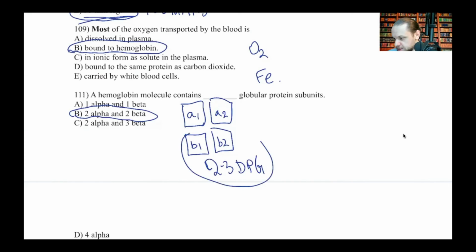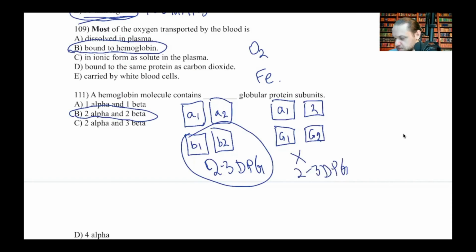In the fetal hemoglobin, just to give you an idea, alpha 1, alpha 2, gamma 1, gamma 2 does not bind 2,3-DPG, right? And that's one of the distinctions to remember. But yeah, so 4 units, it's a tetramer. It has cooperativity, meaning as one oxygen binds, the second one is easier, the third one is even easier, and the fourth one is the easiest.